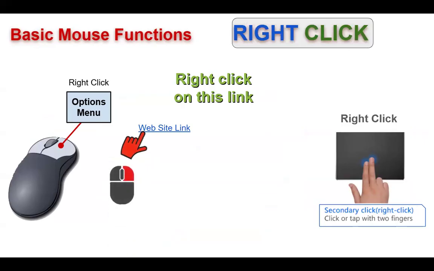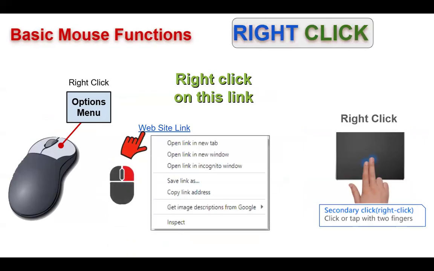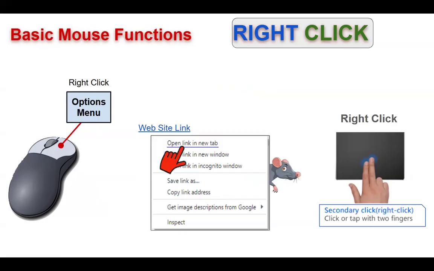If you click on that with the right mouse, this options menu pops up. And in a lot of the options menus on a link, the first option is to open the link in a new tab. So you can use the right button if your center button's not working to open a link into a new tab. Either one works for me.